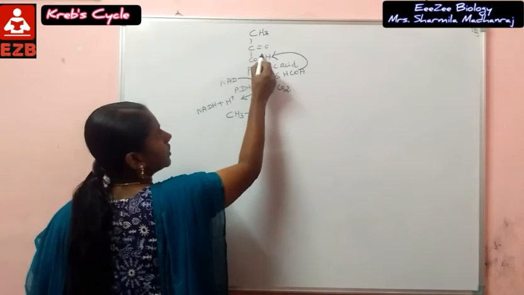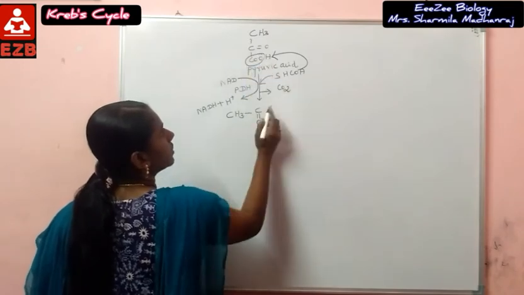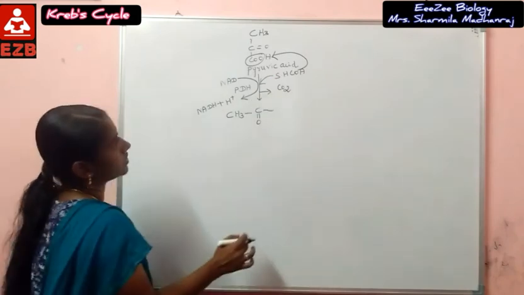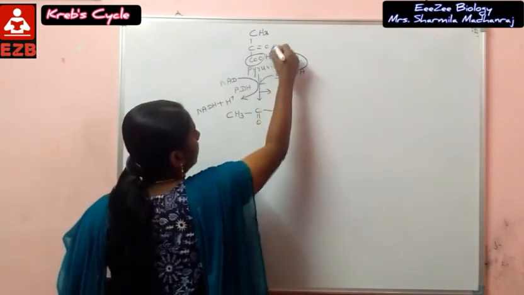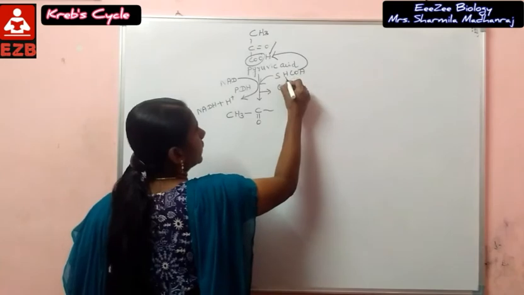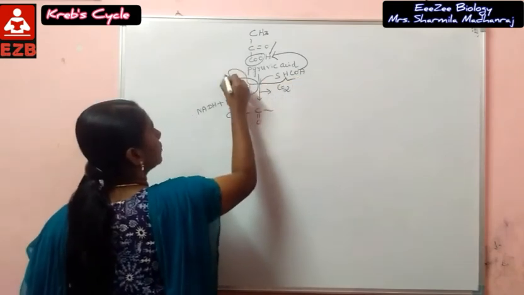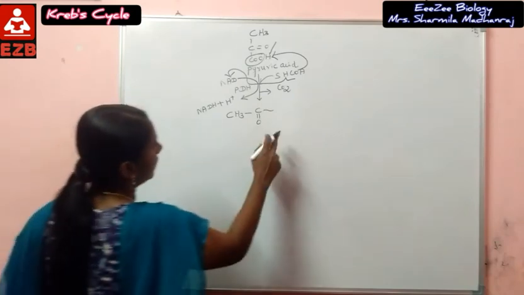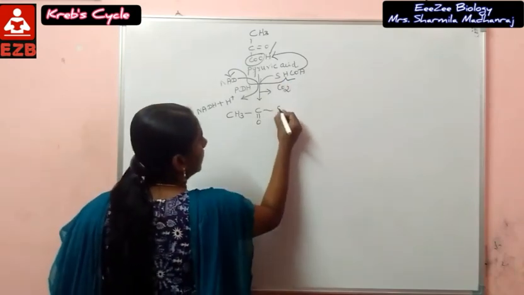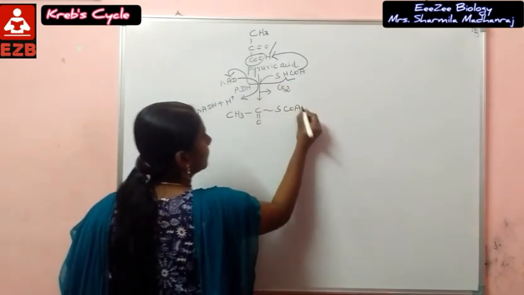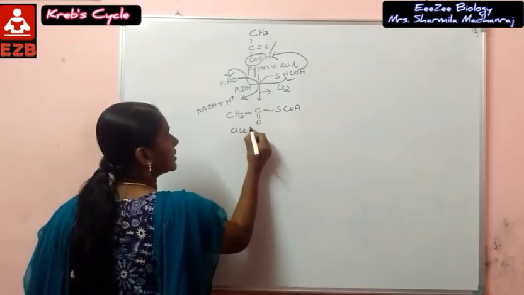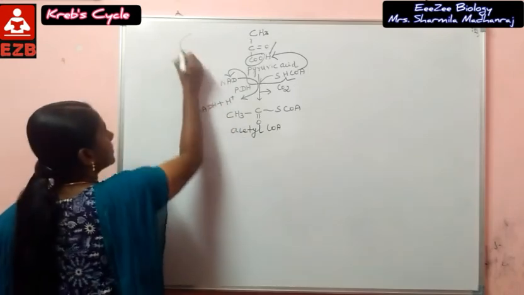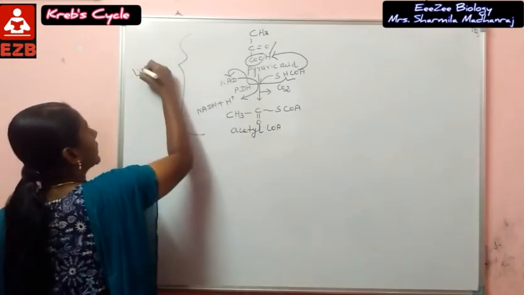From the carboxyl group, carbon dioxide goes out. Then hydrogens join to NAD, giving NADH plus hydrogen ions. The remaining group with SCoA is acetyl-CoA. This is the link reaction.